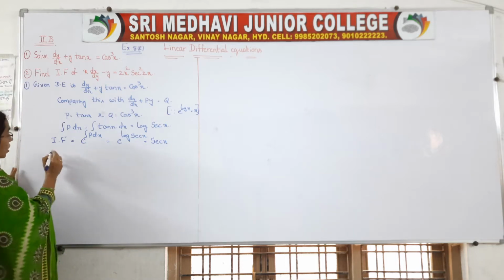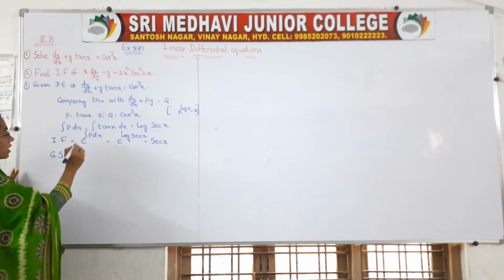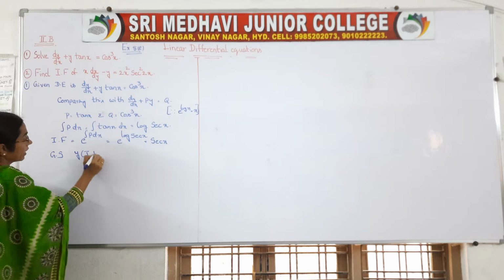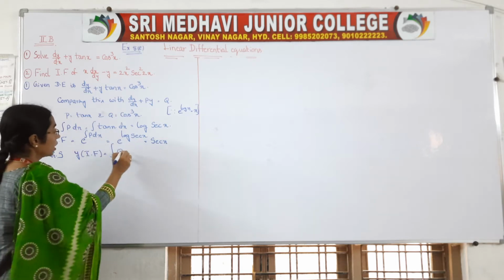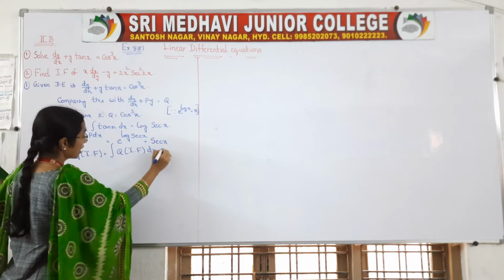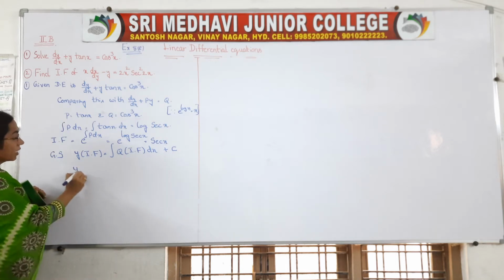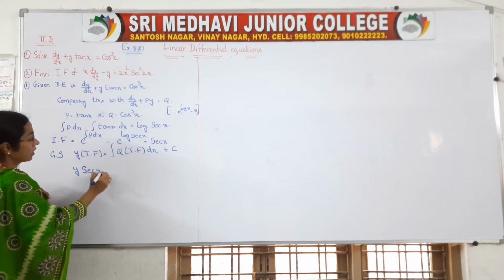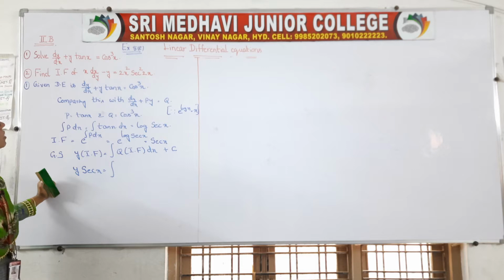Now you take your general solution. The general solution is y into integrating factor is equal to integration of q into integrating factor into dx plus c. So y into secant x is equal to integral q.